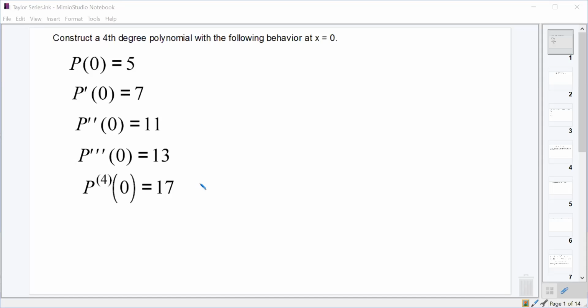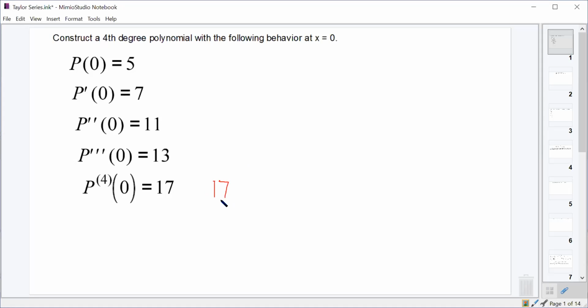Just to make sure everyone's on the same page, what was your fourth derivative down here that you started with? The fourth derivative of this polynomial that you're going to create. Oh, good. 17. Yes. All right.